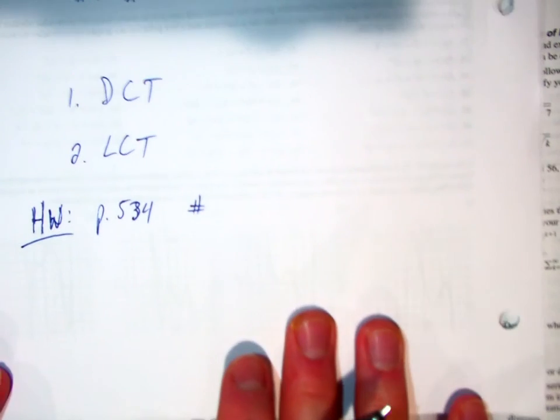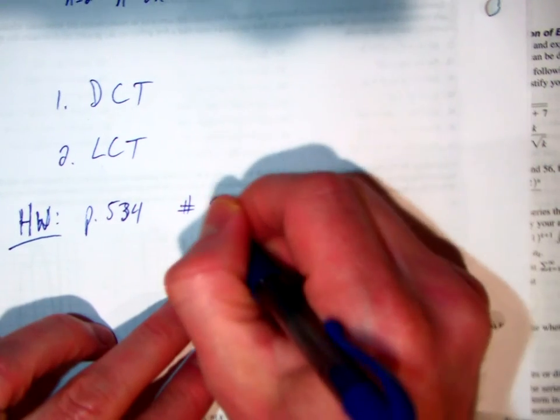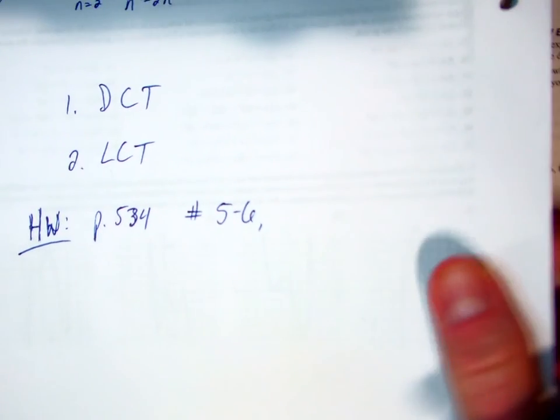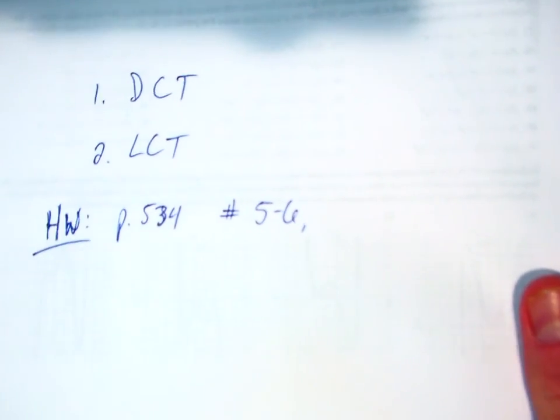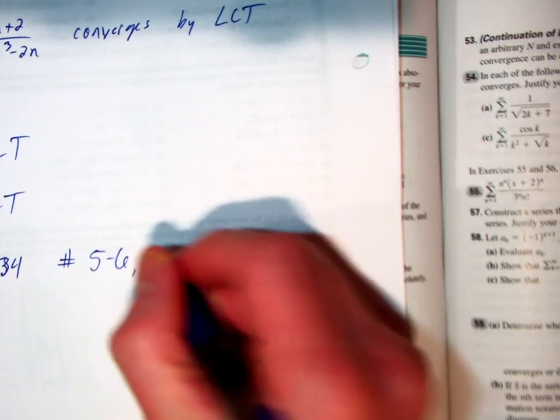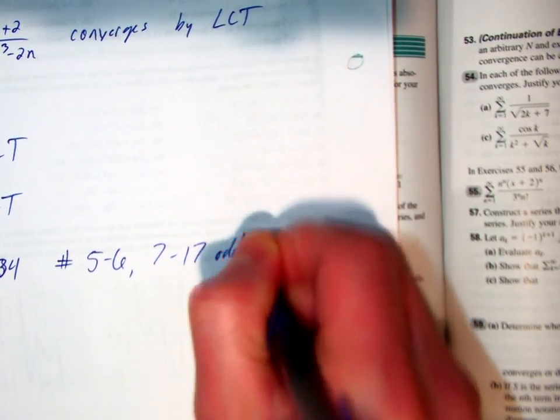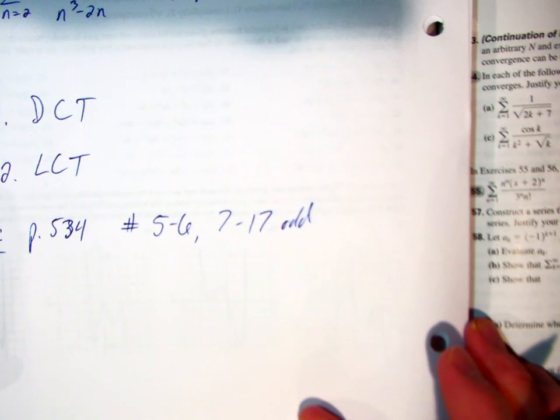I am going to give you 5 and 6, and then 7 to 17 odd. So let's look at those. I want to help you get started.